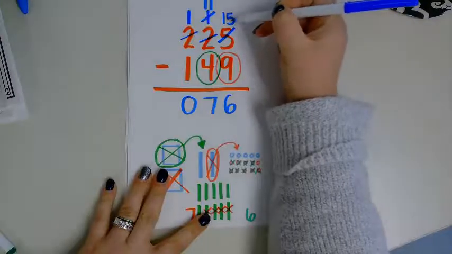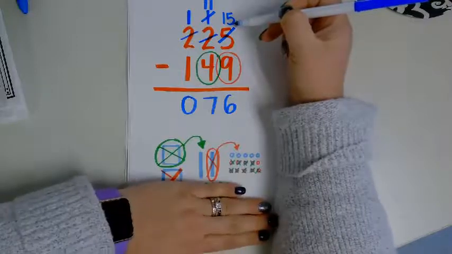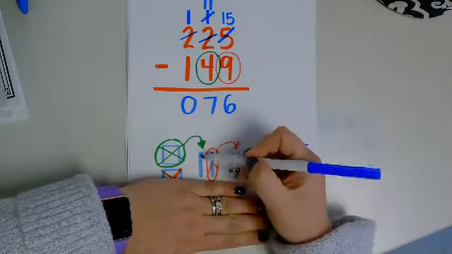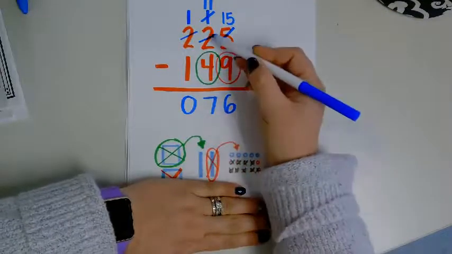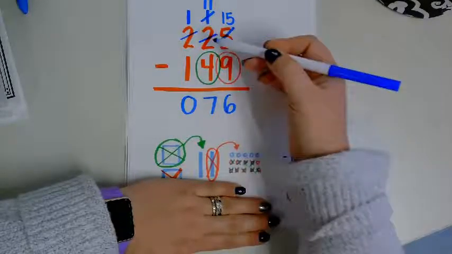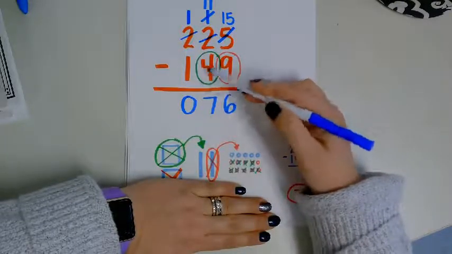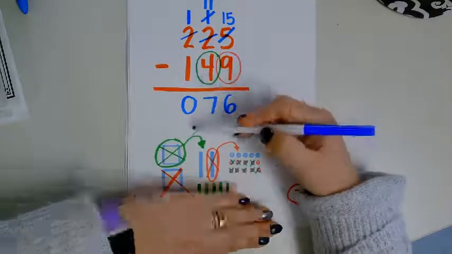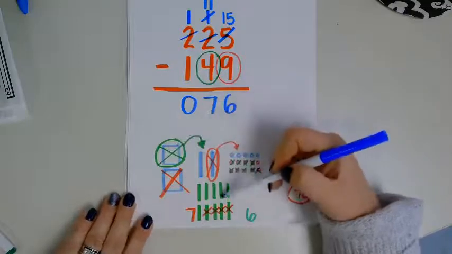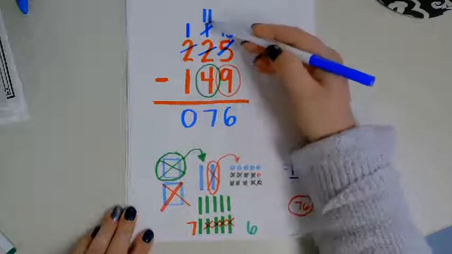That's where that 15 came from. But then I was left with 1 group of 10, which is this one right here. When I went to subtract 1 minus 4, I didn't have enough to take away 4. So that's when I regrouped and got more, and I had 10 plus 1, which gave me the 11.